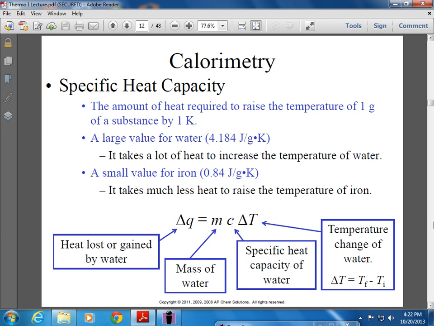That's not very much. Whereas if you dealt with water, it would take 4.184 joules to raise 1 gram of water 1 Kelvin. So things that are really good conductors have really small specific heat capacity values. The Q in this case is really just talking about the heat being lost or gained, and it involves numerical quantities of these reactants and how they work together.